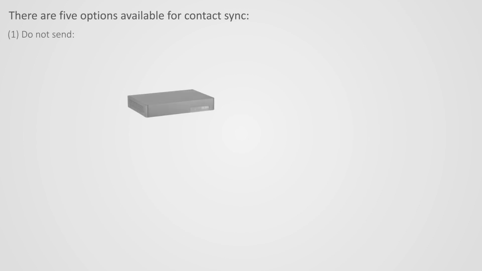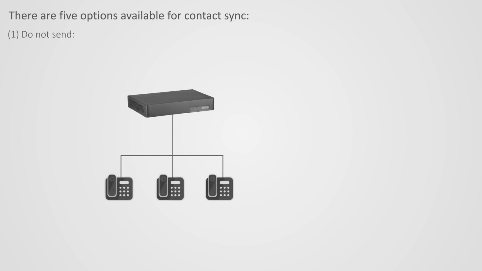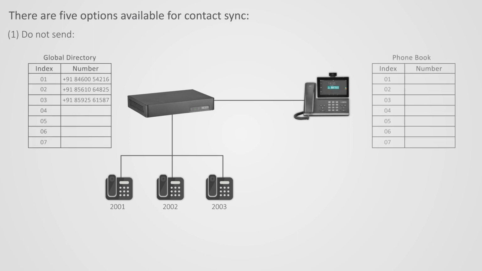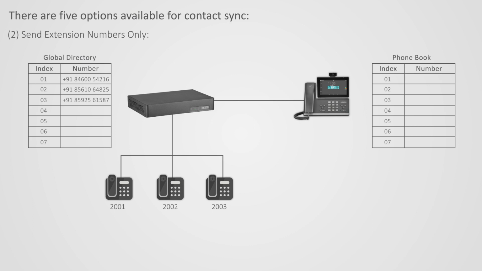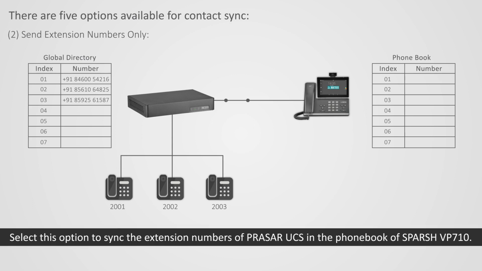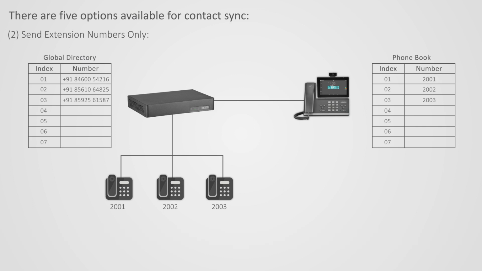First, do not send. Select this option if we do not want to override the phone book of SPARSH VP710. Second, send extension numbers only. Select this option to sync the extension numbers of PRASAR UCS in the phone book of SPARSH VP710.